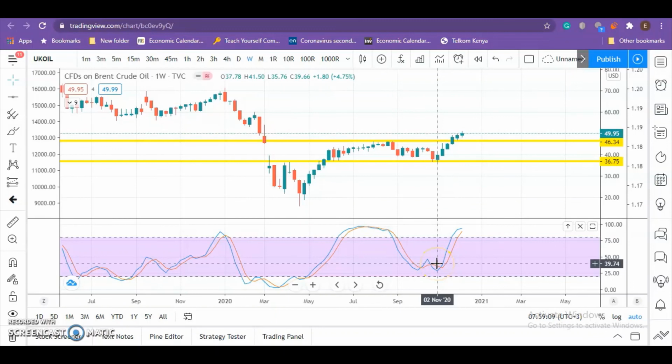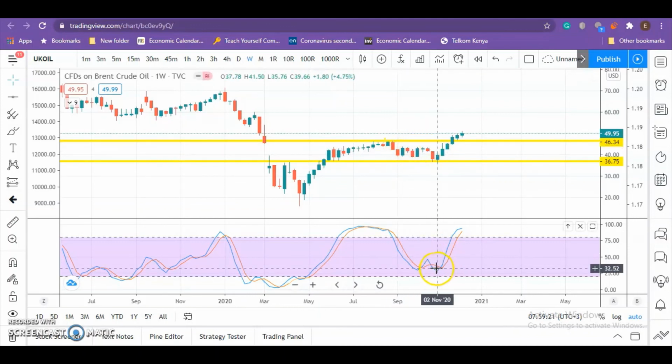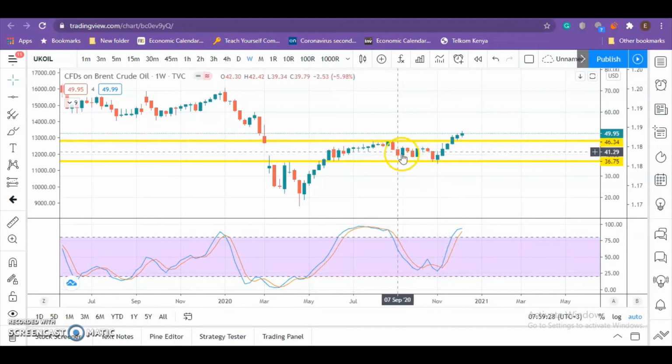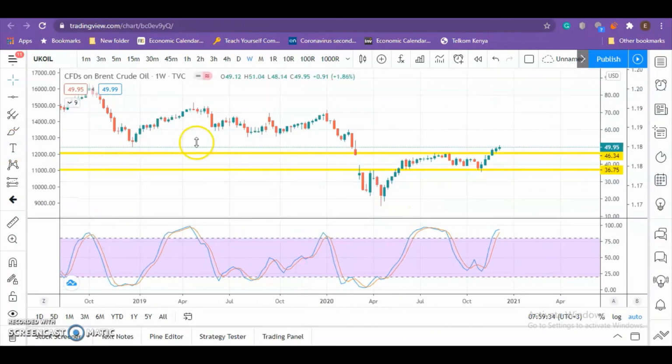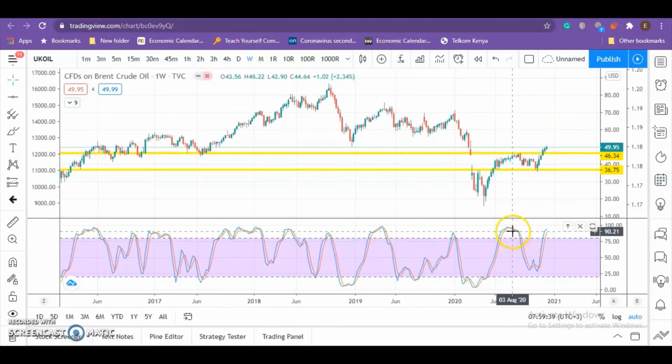So we can see here when it hit our oversold position, the first time it went up, then it consolidated on this position here on our indicator. It fell down to form another point here on the oversold position, which was also consolidated, meaning that it was due for support.